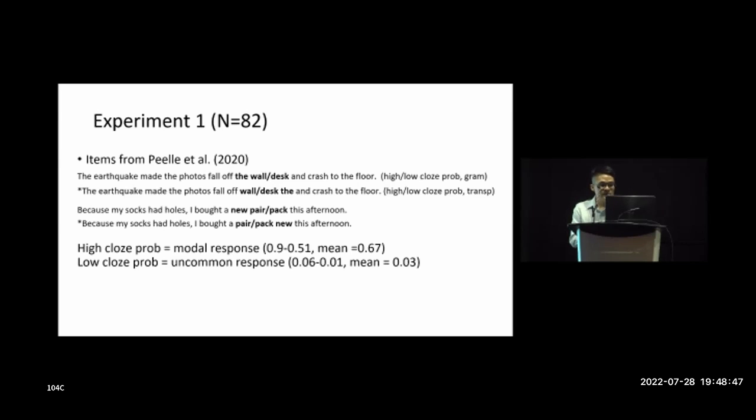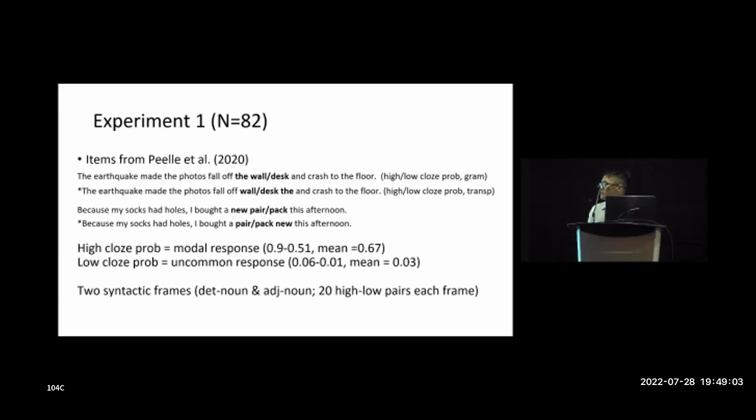The sentences we selected can be further categorized into 2 subgroups based on the syntactic categories of the transposed words. One subgroup involved transposing a determiner and a noun, and the other involved transposing an adjective and a noun. But we will present the aggregated results here because the results for the 2 subgroups are very similar.